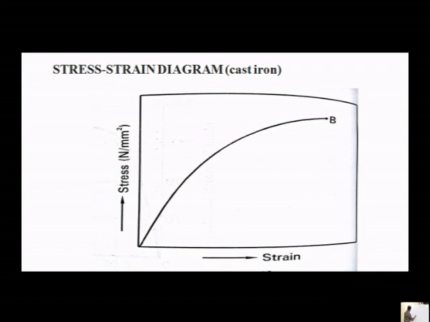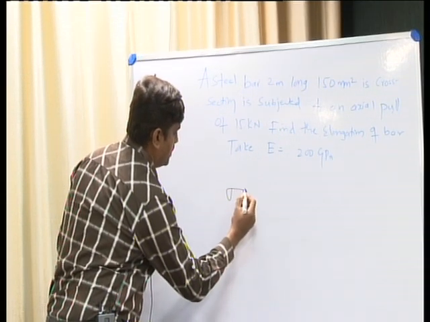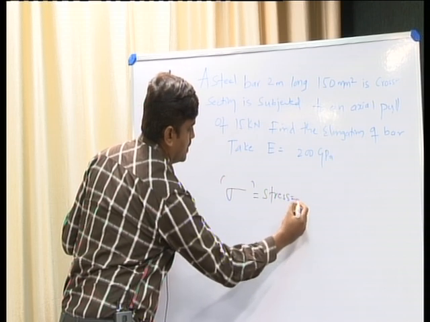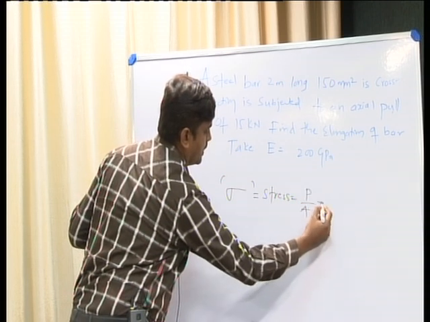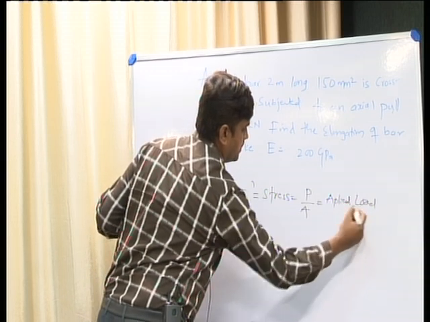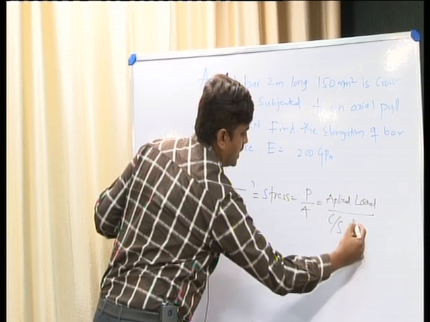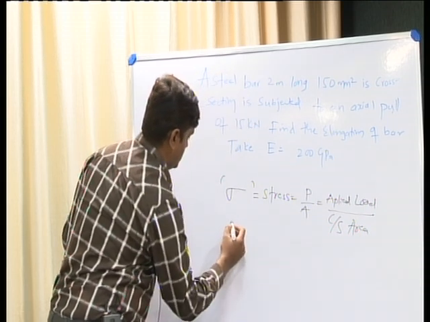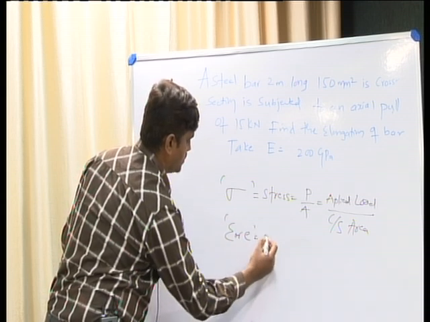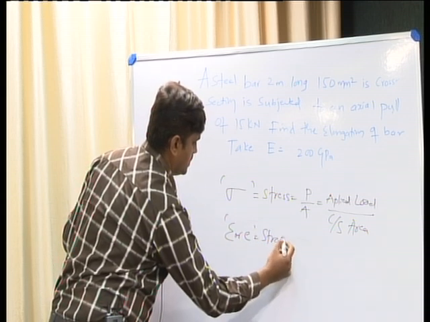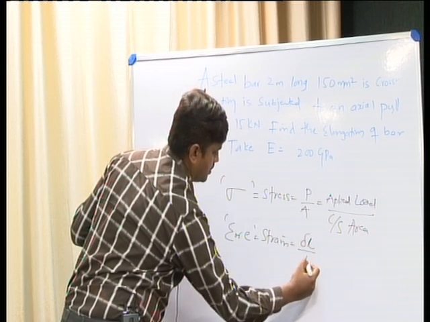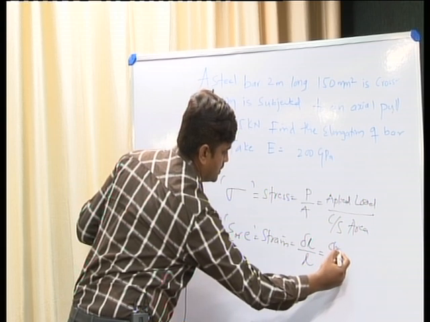So as I told you, sigma is stress, P by A, applied load divided by cross sectional area. Epsilon, or e, is equal to strain, it is change in length divided by original length.